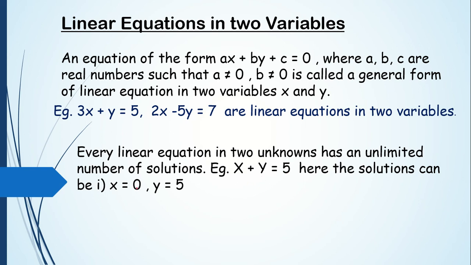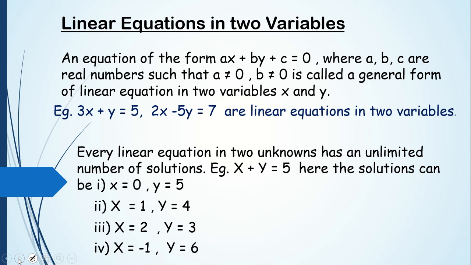Here one example is given, 0 and 5. Then next would be 1 plus 4, 2 plus 3 gives me 5, minus 1 plus 6 gives me 5. So like that we can have many solutions when only one such linear equation is there in two variables. We can have infinitely many solutions like this.